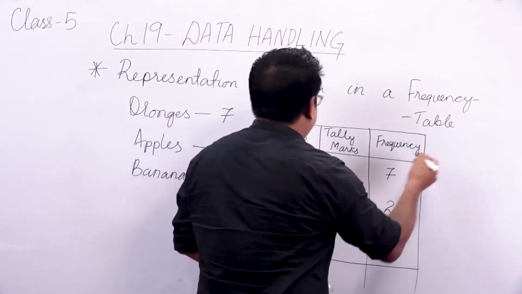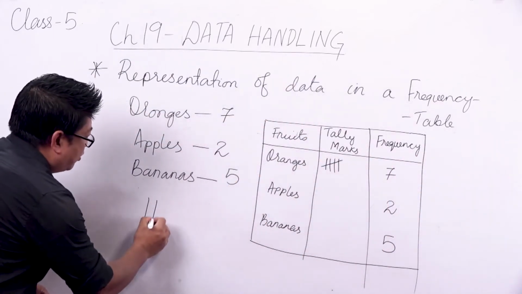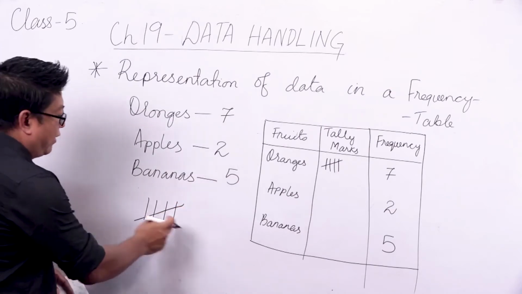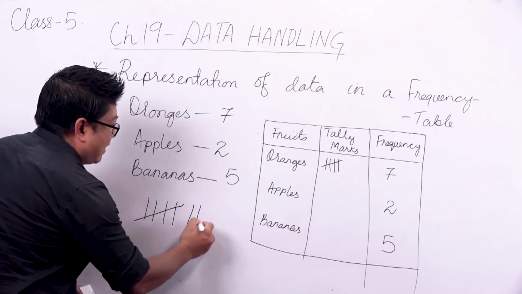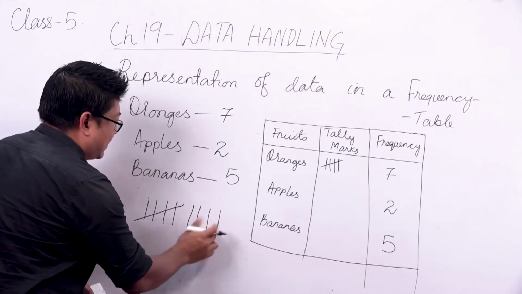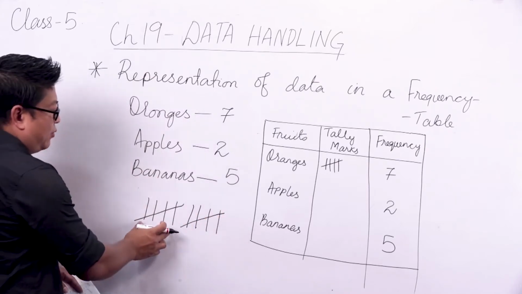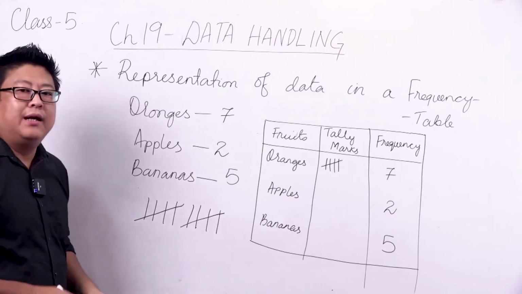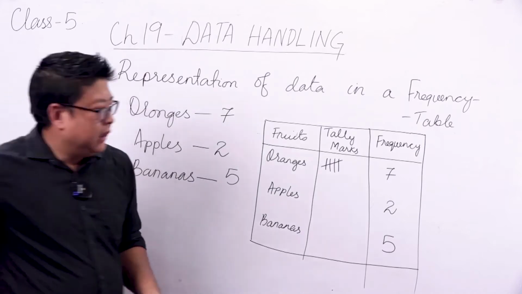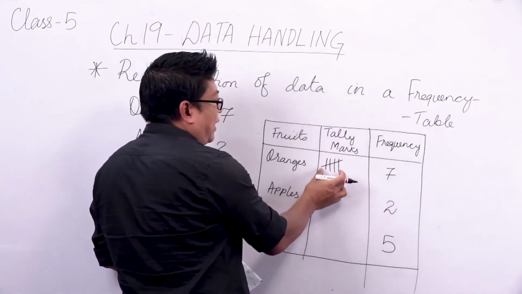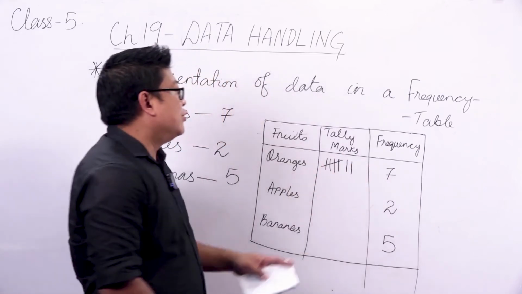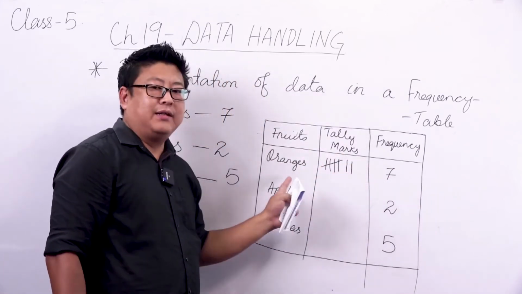Then 5, 6, 7, 8, 9, and again the 5th one comes like this. When you add these two, 5 plus 5, it becomes 10. This is how you draw tally. For 7, we write till 5, and then 2 more sticks, 6, 7. This indicates that there are 7 oranges.